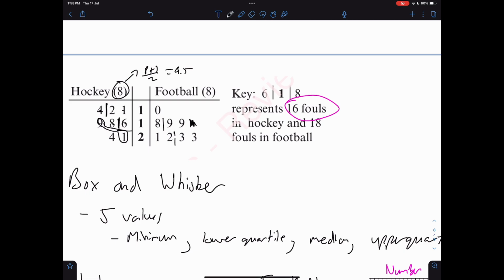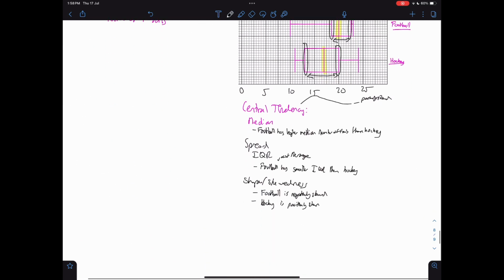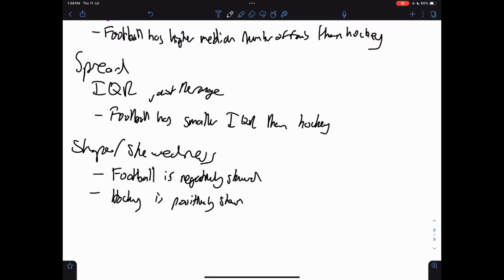It's a little bit symmetrical, but it is a bit positively skewed.